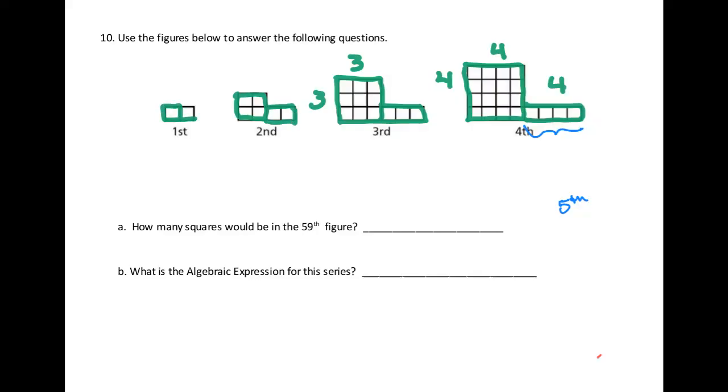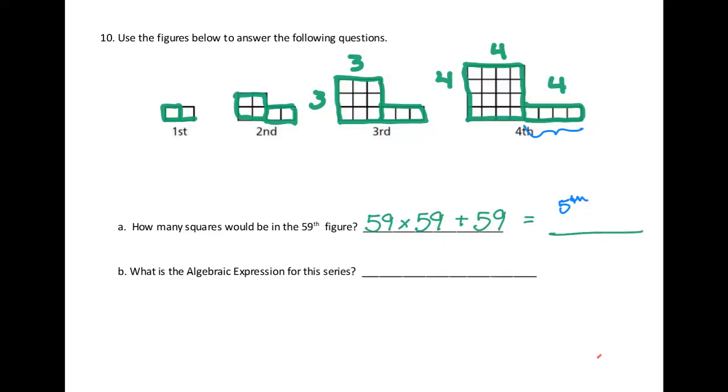So the 59th figure would be, show us, what size square? A 59 by 59 plus a tail that is 59 lengths long. What would that look like algebraically? And you could figure out that answer.